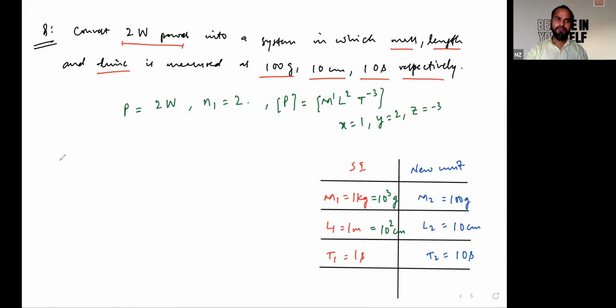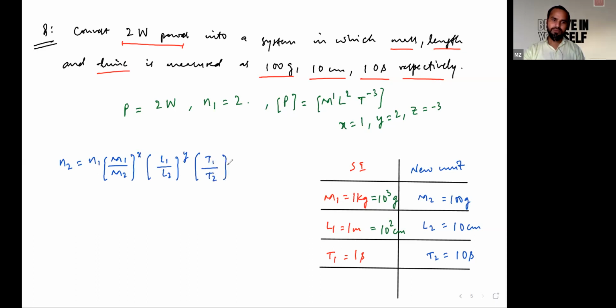See how to solve. N2 is equal to N1 times M1 divided by M2 to the power X, L1 over L2 to the power Y, and T1 over T2 to the power Z. We have to simply put all the values of N1, M1, M2, X, Y, and Z in this expression. First, N1 is nothing but 2.